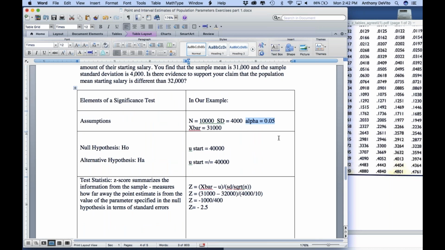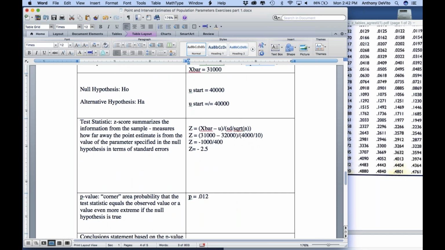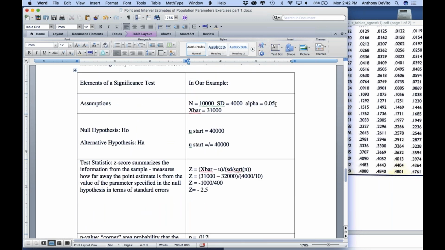I wanted to be able to reject the null hypothesis only if there were a 5% chance of being wrong. What probability do I actually have, based on this analysis, of being wrong? Only 1.2%. So can I reject my null hypothesis?